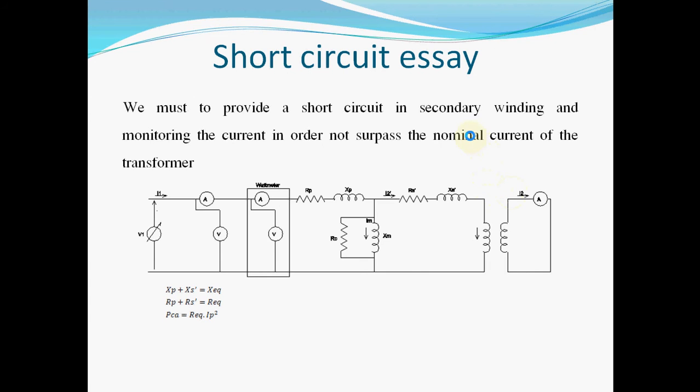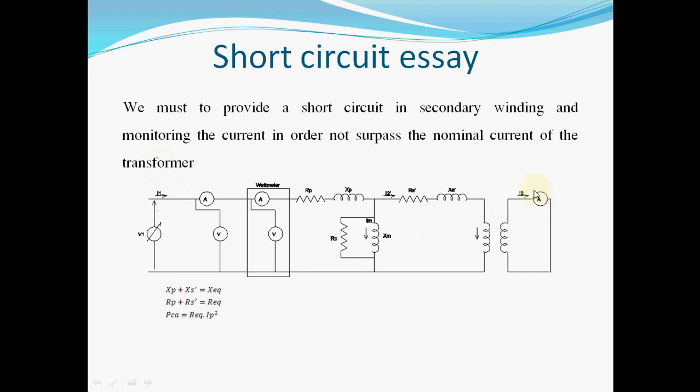And let's start with the short circuit essay. We must provide a short circuit in secondary winding and monitor the current in order not to surpass the nominal current of the transformer.